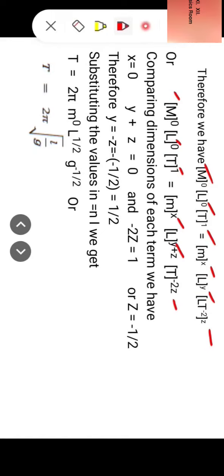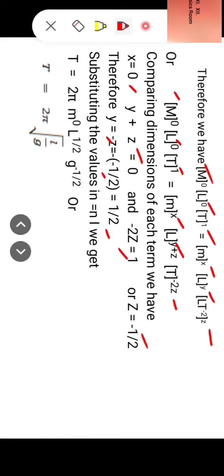Now, comparing dimensions of each term, we have x equal to 0, y plus z equal to 0, and minus 2z equal to 1, or z equal to minus 1 by 2. Therefore, we can calculate y as y equal to minus z, or minus minus half, it is equal to half.